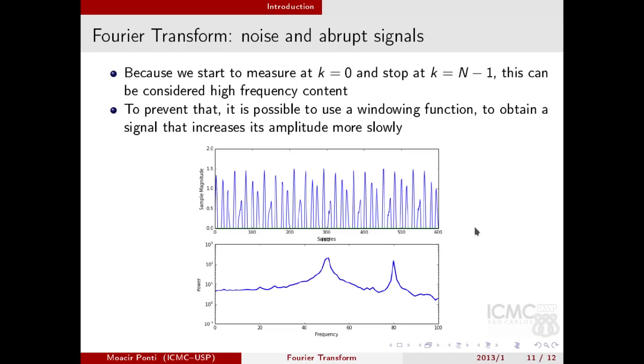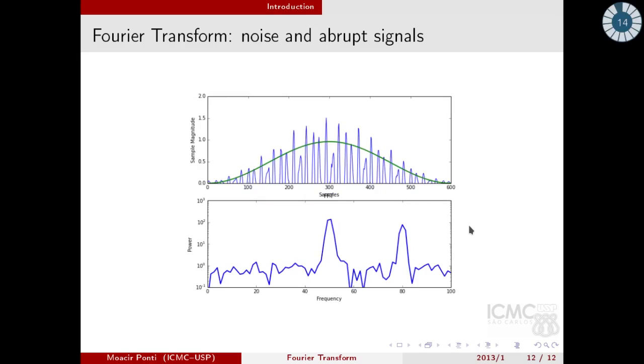So I can use a windowing function to obtain a signal that increases its amplitude more slowly from the beginning and going through the end of the function. In this example, I'm showing you a Gaussian function that I use to filter, or to multiply with each sample over time, and then what I have is a function that starts slowly increasing its amplitude and then decreases its amplitude towards the end.